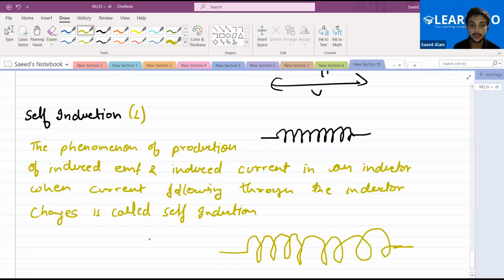Are all the turns of the solenoid acting like a closed loop because they are very close to each other? Yes or no? Is the current flowing across these closed loops? Yes or no? If the current is flowing across these closed loops, do you agree that the current in a closed coil produces a magnetic field? Yes or no? If this current changes, do you agree the magnetic field will also change?